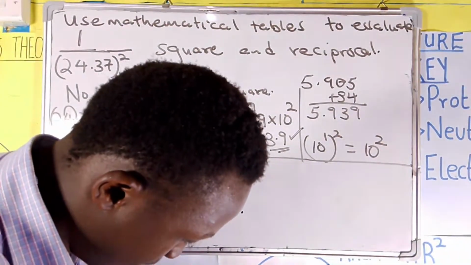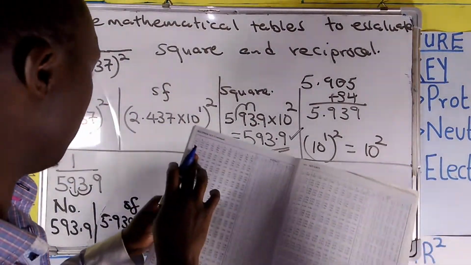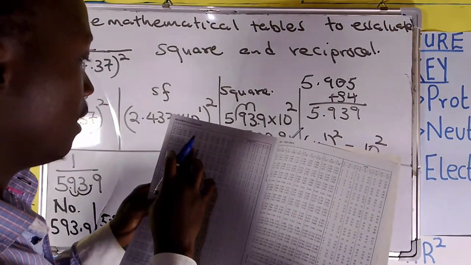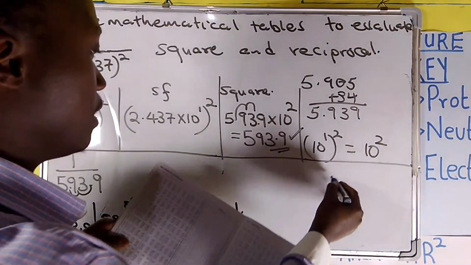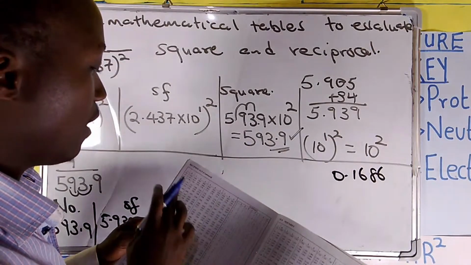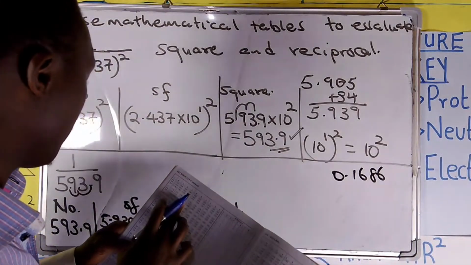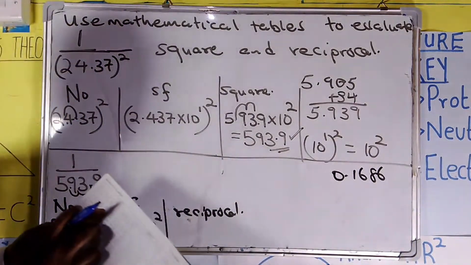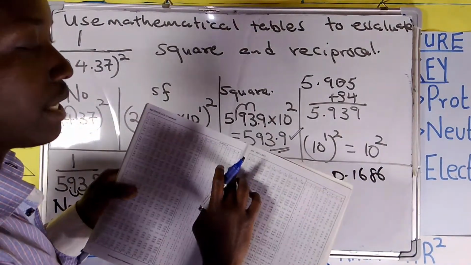So back to page 18. For 5.93, when you find the reciprocal, you will get 0.168. That is for 5.93. Then we go to the end, column 9. Go to the end column 9, you are going to subtract 3.